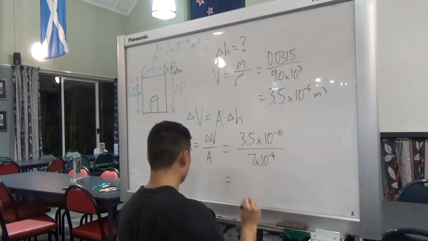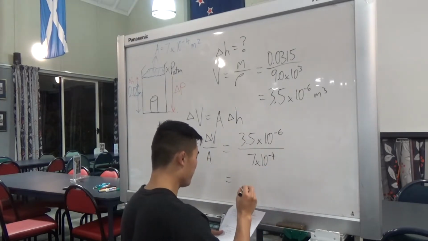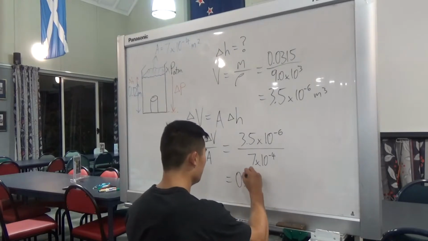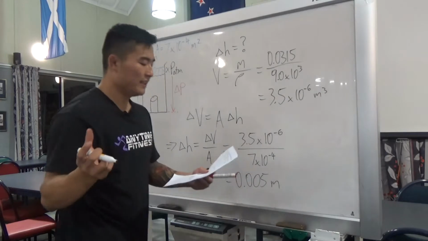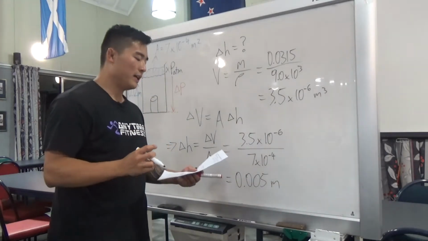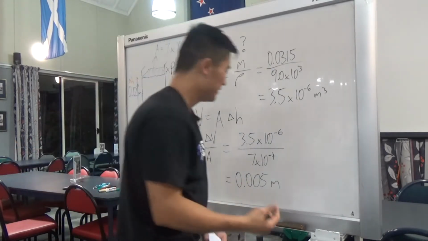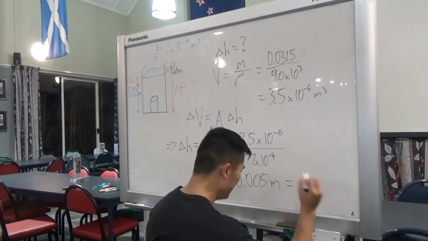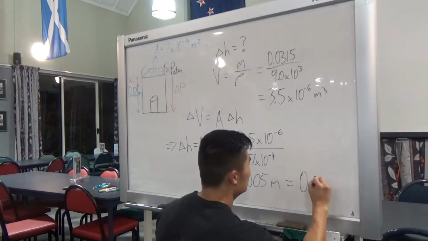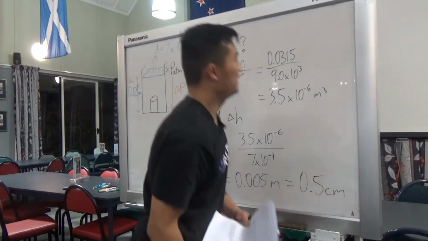Okay? And that will give you 0.005 meters. And if you want to turn that into centimeters, you're just going to divide that by 10 to the negative 2. And that's going to be 0.5 centimeters.